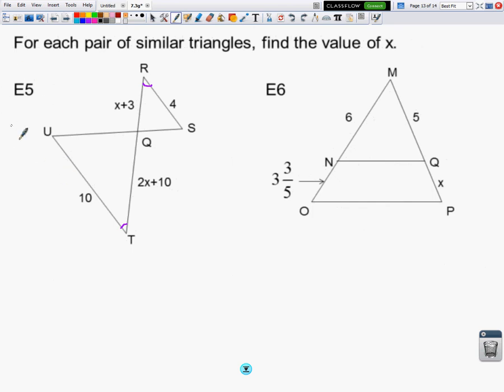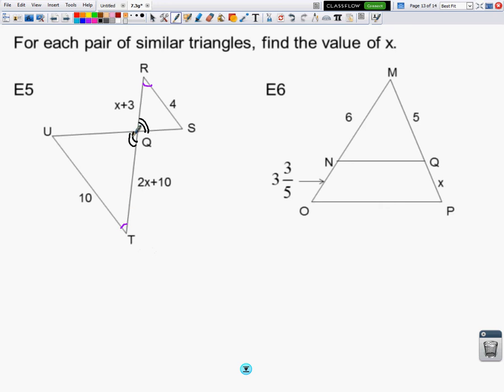Okay. In example 5, they did not mark these two angles as being congruent, so let's mark them. Otherwise, there really isn't enough information in example 5 to do the problem. For each pair of similar triangles, find the value of x. If I know that this angle is congruent, I know that these two are congruent because they're vertical, so it does kind of tell me where everything lines up.